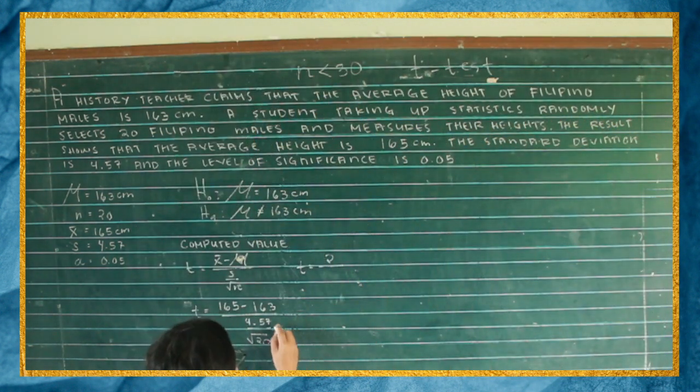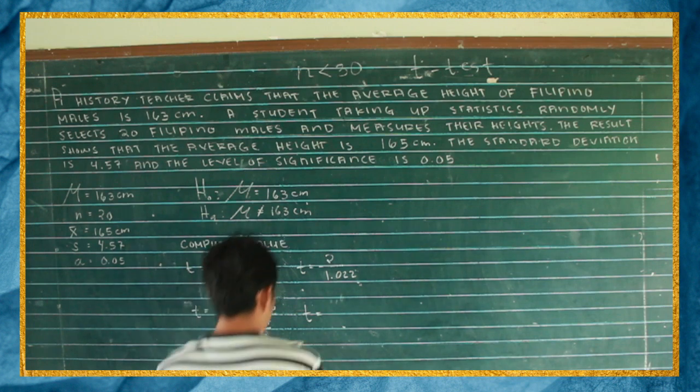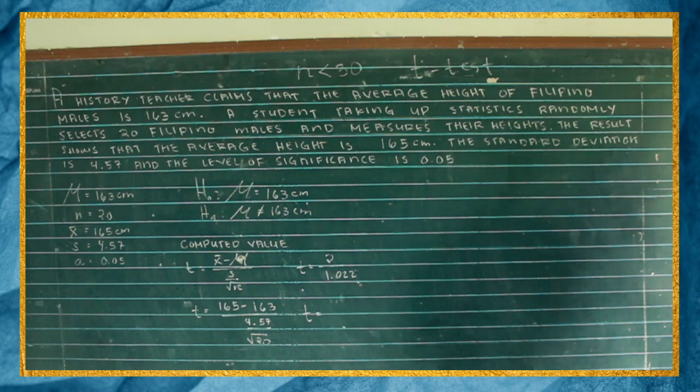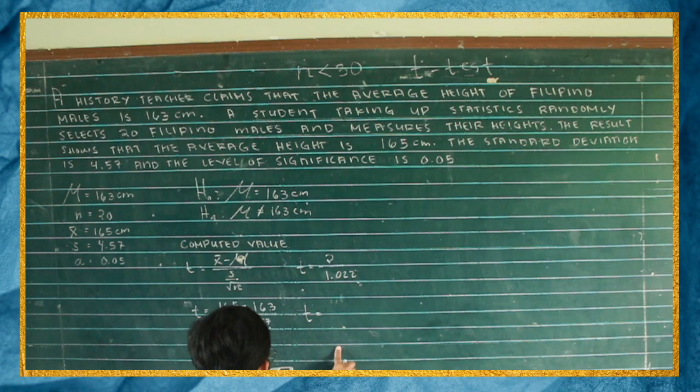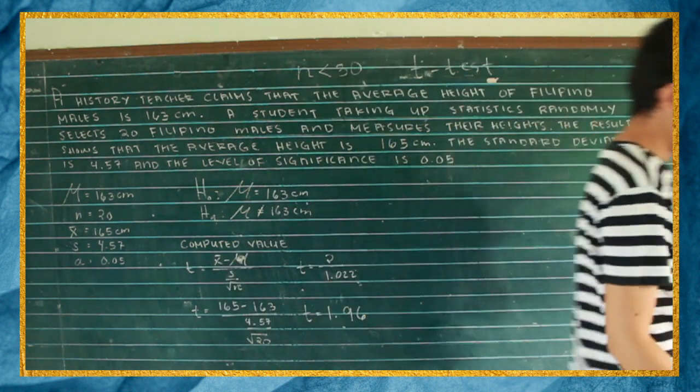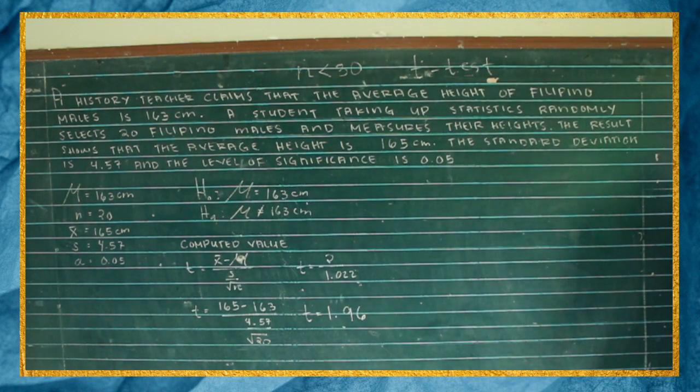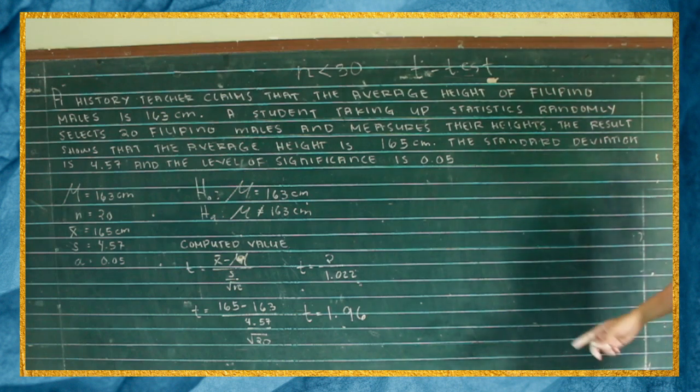Dinalit ko na ito, 4.57 divided by square root of 20, so that is 1.022. So T is approximately equal to 1.96. Okay, so that is the computed value.